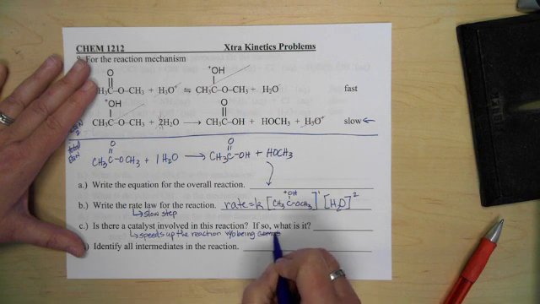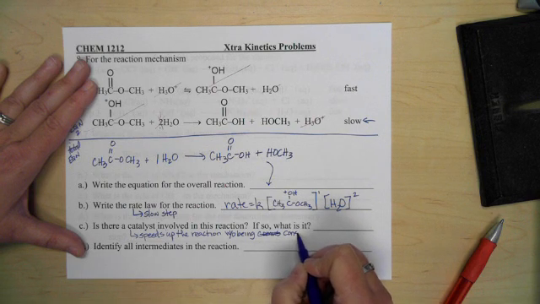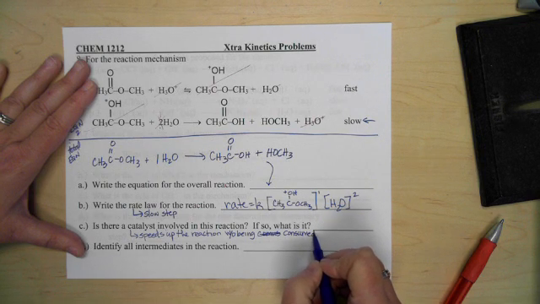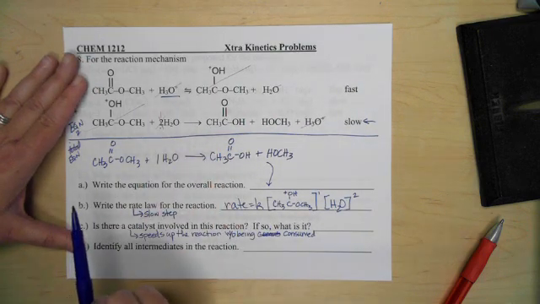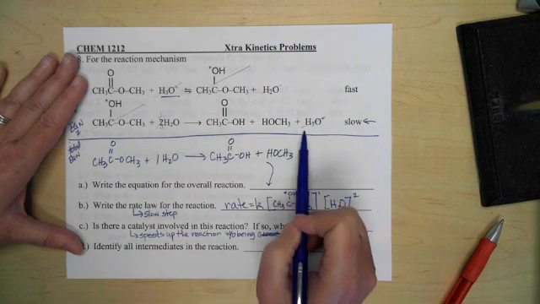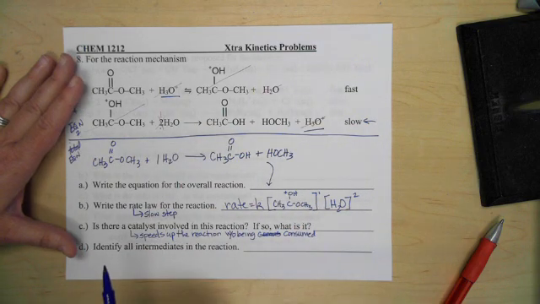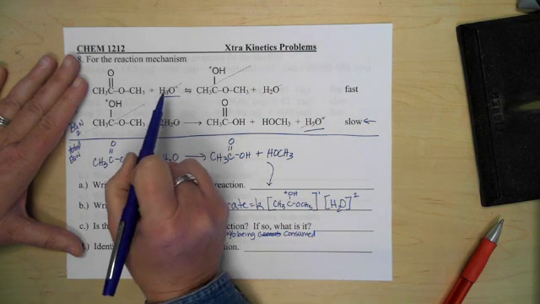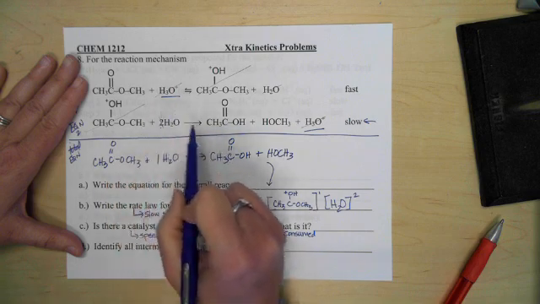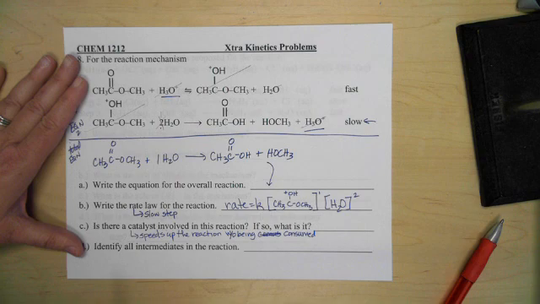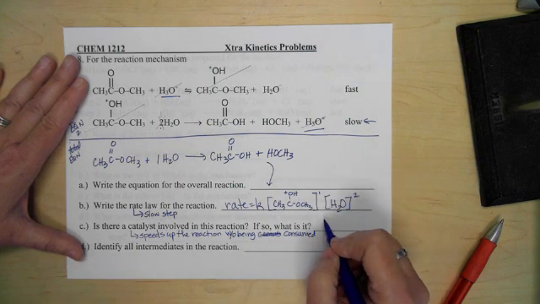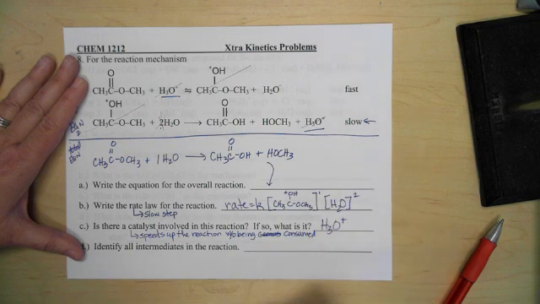So, consumed. Sorry, can't spell. Alright, so if we look back, remember we said that H3O plus is in the reactant first step and it's appearing in the product last step. So that means it's being used without being consumed. So we use it and then we regenerate it. So yes, there is a catalyst and it is H3O plus.